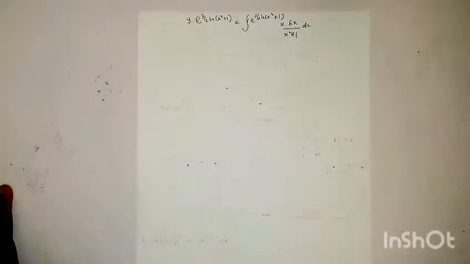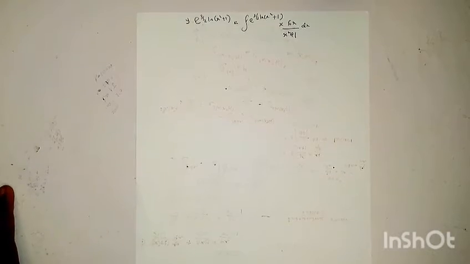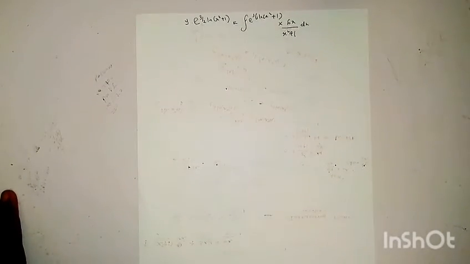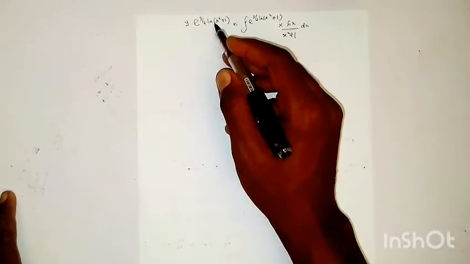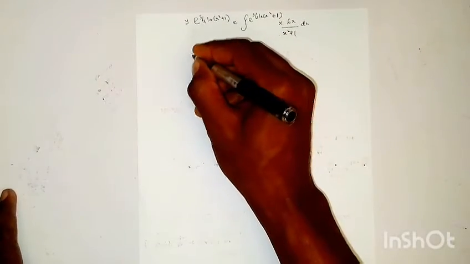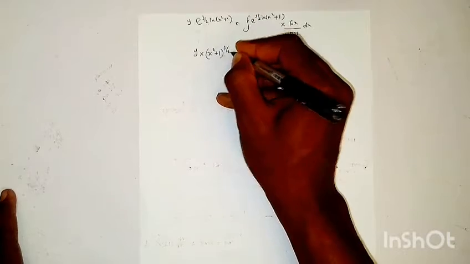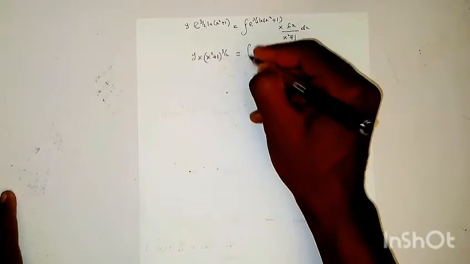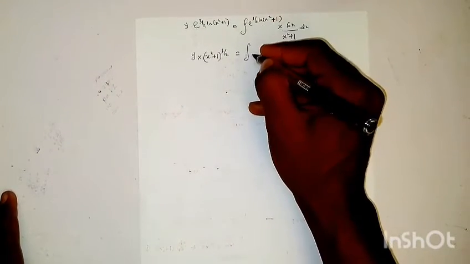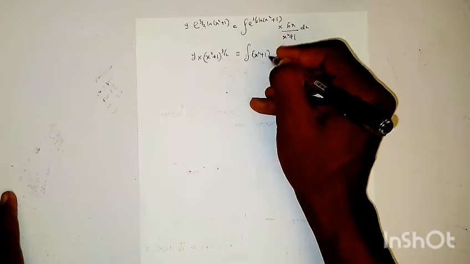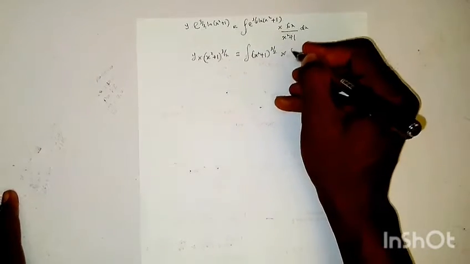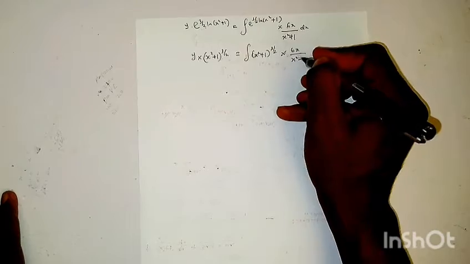Like what we proved earlier, the exponential of ln f is equal to f. So the exponential of 3 over 2 ln(x squared plus 1) can be written as x squared plus 1 raised to the power 3 over 2, equals the integral of x squared plus 1 raised to the power 3 over 2 times 6x over x squared plus 1.